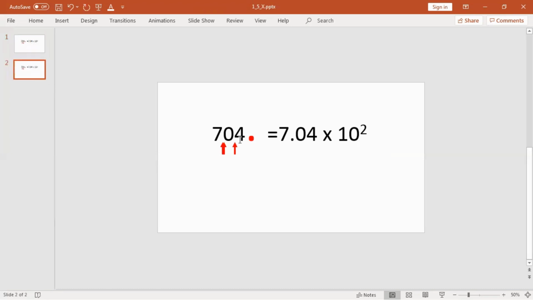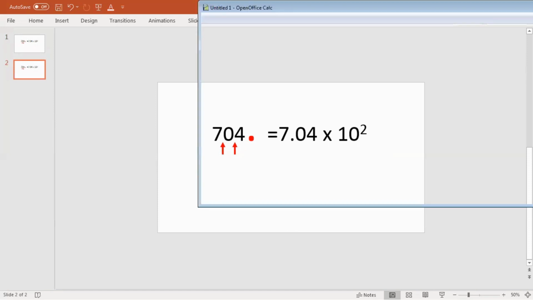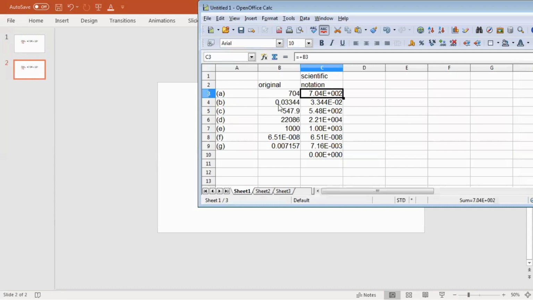So now let's go to the next exercise. And that is 0.03344.